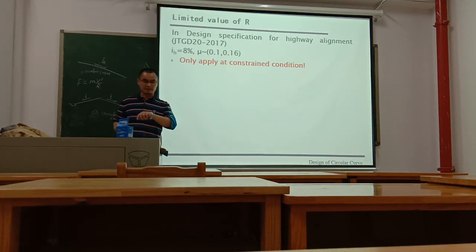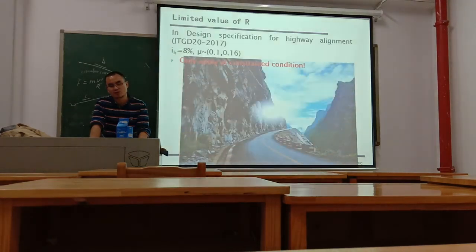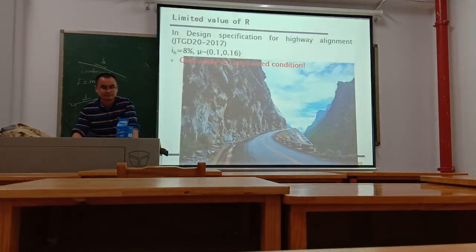In the design specification for highway alignment, IH is equal to 8%. Mu is changeable from 0.1 to 0.16, only applied at a constrained condition.